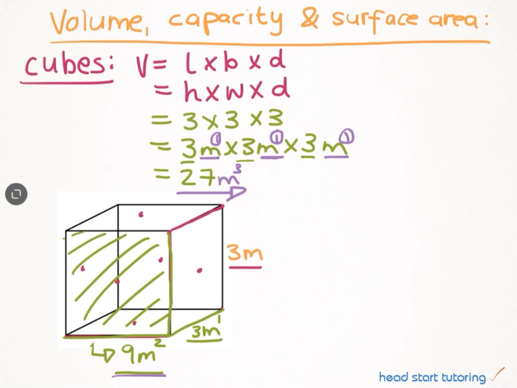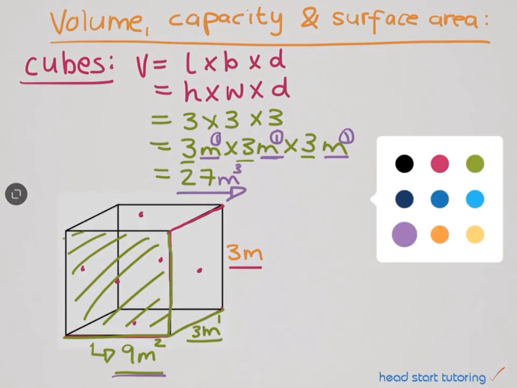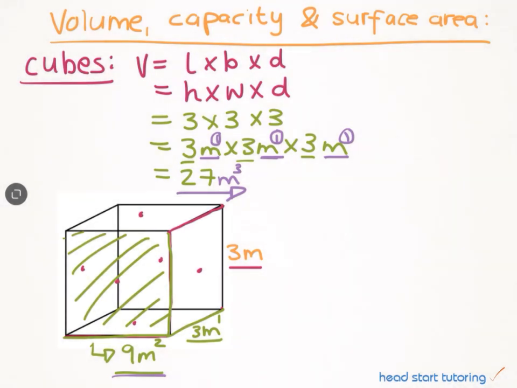Right, so now when we are moving from meters cubed, which is our volume answer, into capacity, we need to remember our little rule on the side is that 1 meter is equal to 100 centimeters. Now 1 meter squared, so these were to the power of 1. 1 meter squared is equal to how many centimeters squared? Well, what did we do here?